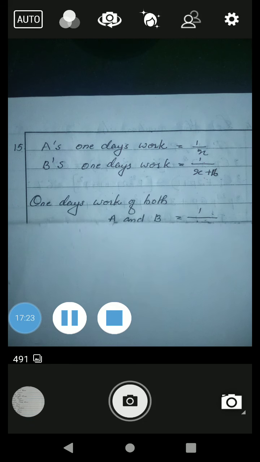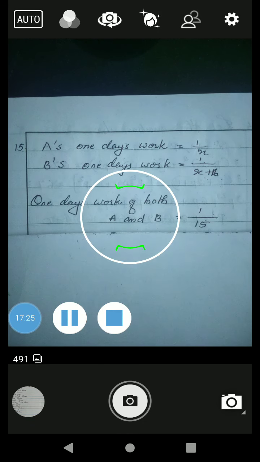Similarly, in this question, A's 1 day's work is 1 by x and B's 1 day's work is 1 by x plus 16. And both of them can do the same work in 15 days. If both working together, they can do the work in 15 days. So, what is A plus B's 1 day's work? It is 1 by 15.